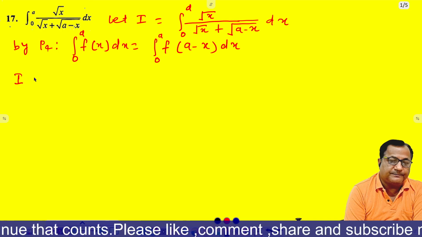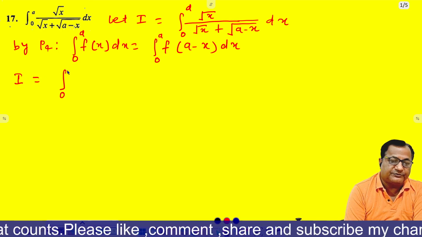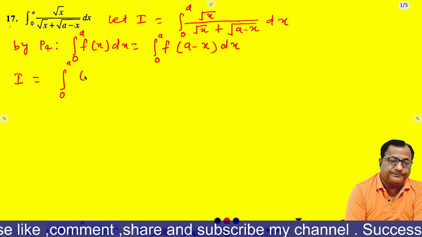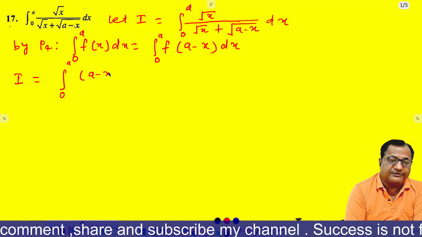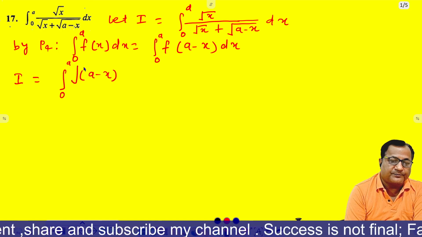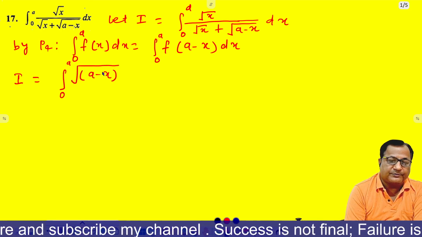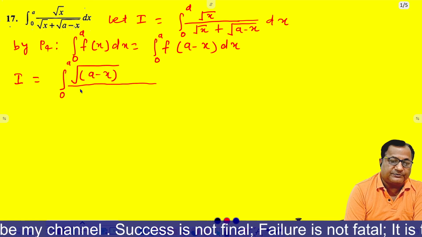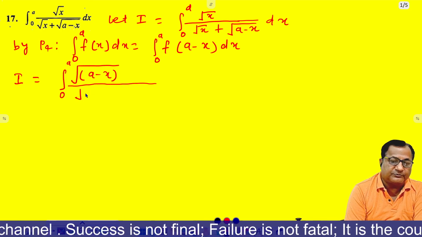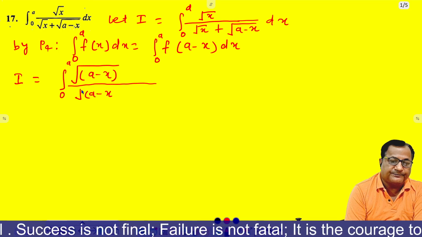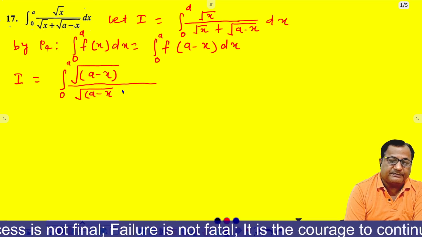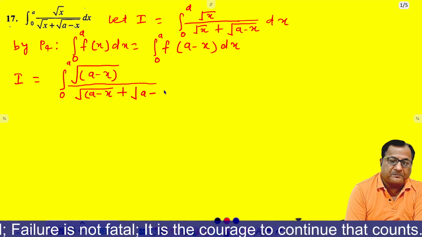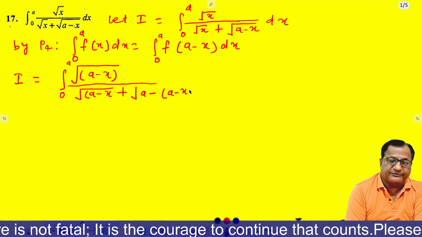I is equal to root of (a minus x) divided by root of (a minus x) plus root of (a minus (a minus x)), dx, where x will be replaced by a minus x.